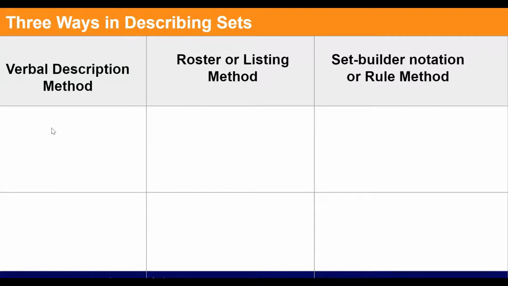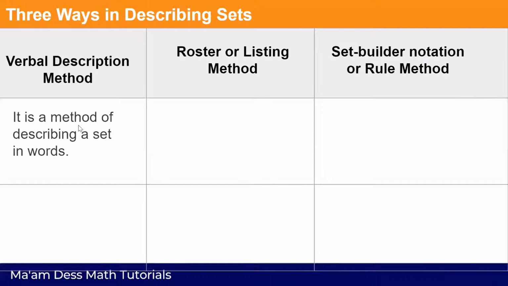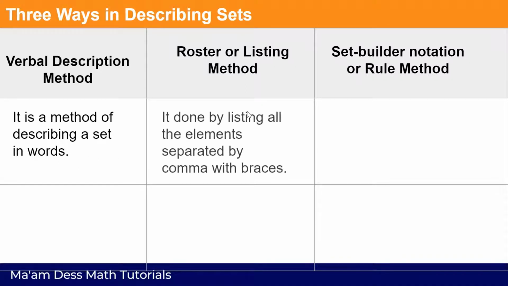So, paano po ba ito? Okay, let's start with verbal description method. When we say verbal description method, it is a method of describing a set in words. When we say roster or listing method, it's done by listing all the elements separated by comma with braces.